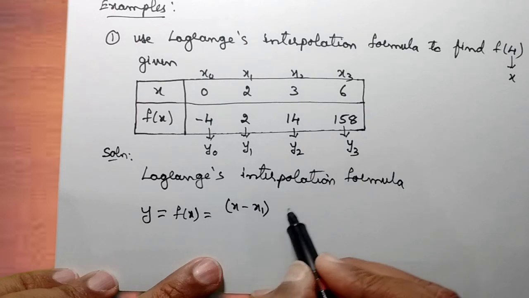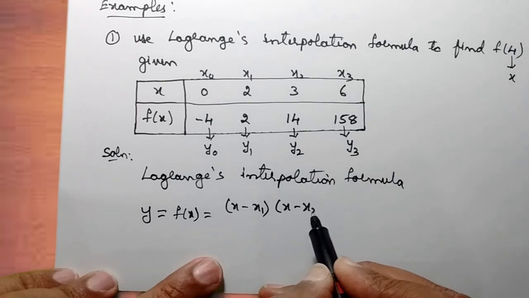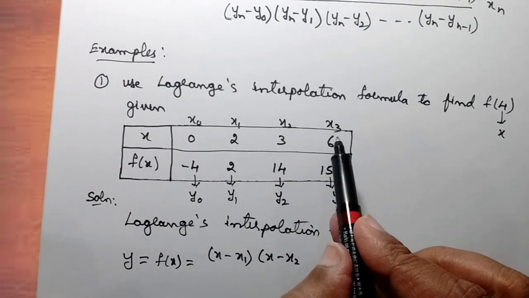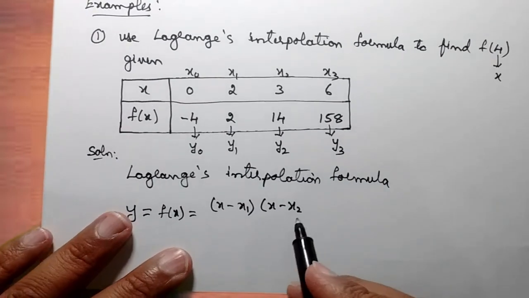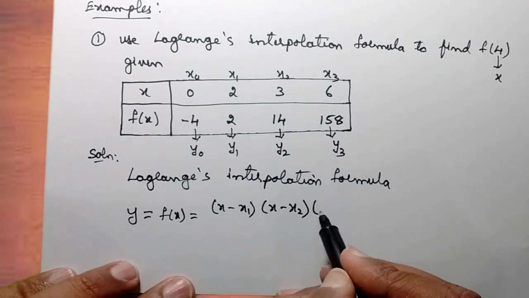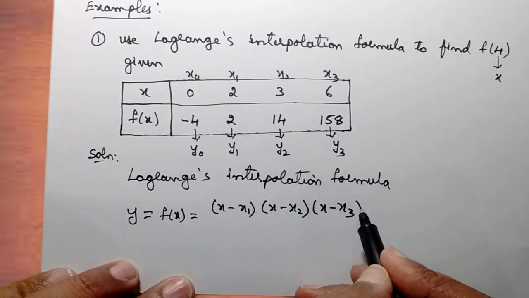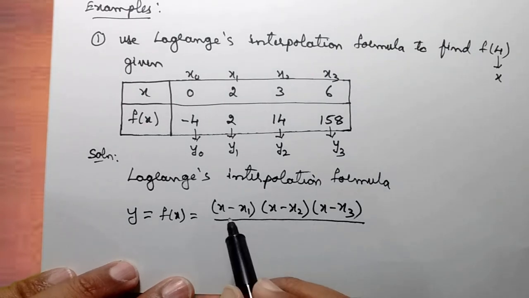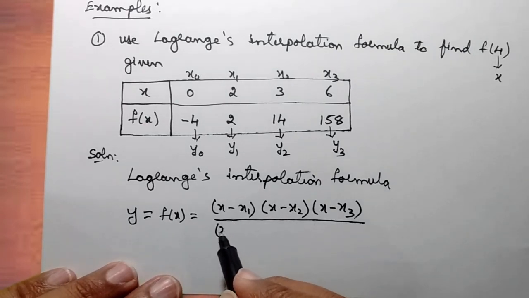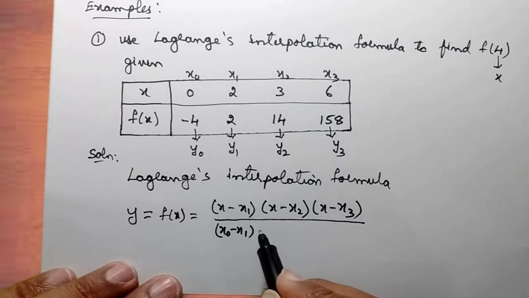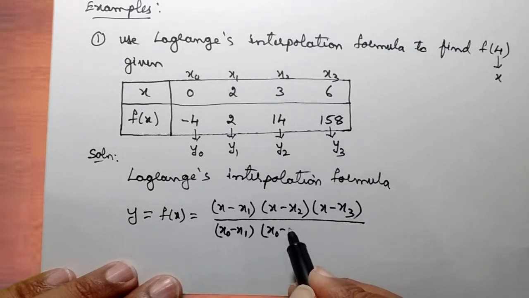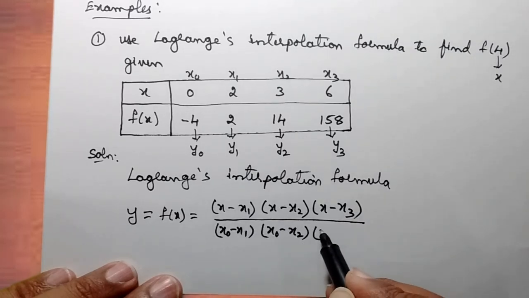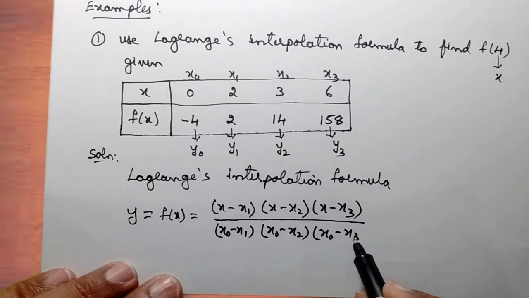So x minus x1, x minus x2. How far do you have to write? You have to write up to this x3 value. So x minus x2, x minus x3. Because here x0 is missing, in place of x you have to write x0. So x0 minus x1, x0 minus x2, x0 minus x3.